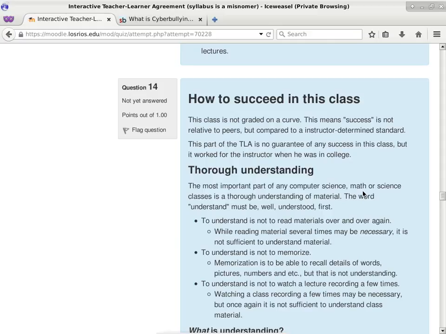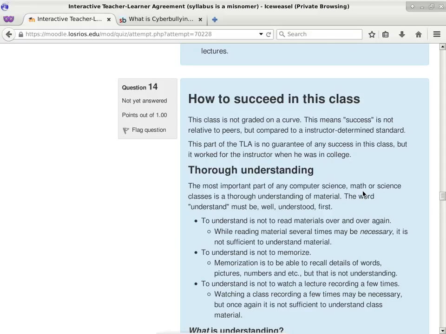Write me a program that can do X, Y, and Z. And you say, well, I only understand the concepts, but I cannot apply them. Well, what are your chances of getting employed as a programmer, as a software developer? Pretty close to zero, right? So it's about understanding and being able to apply.